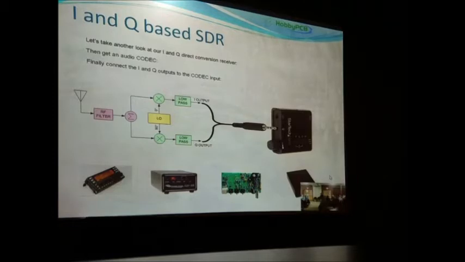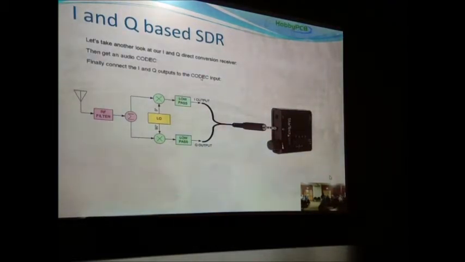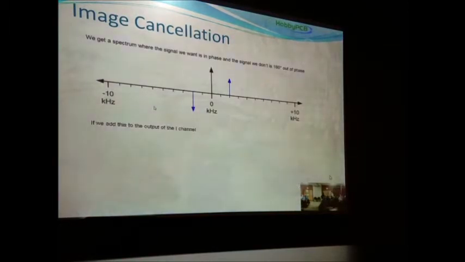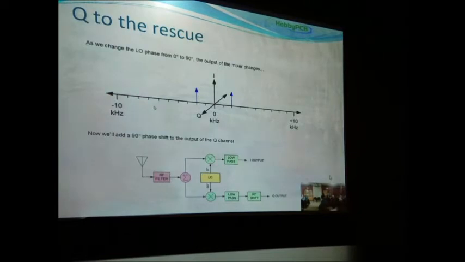On your slide talking about image cancellation, was that being done in the digital realm or is that analog? Okay, let's go back. Some of it's being done in the digital and some in the analog. The first mixing, where you get the I and the Q signal, everything in the block diagram on the bottom of this slide is analog.